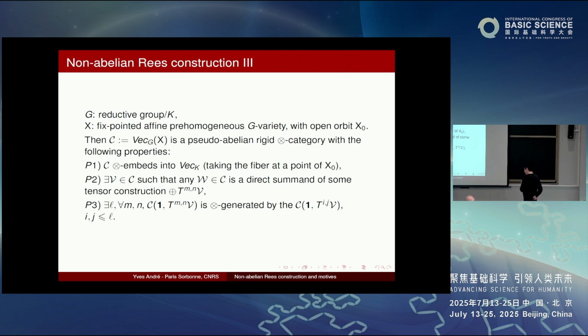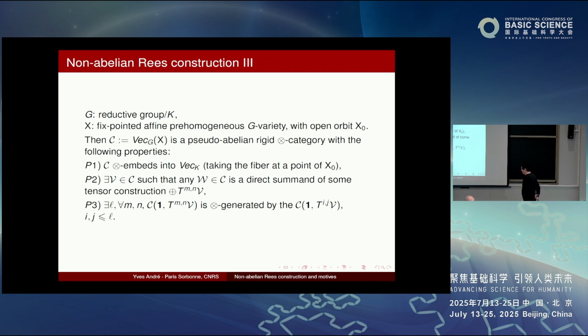P2 is that there exists a certain object V in C such that any other object is a direct summand in some tensor construction on this object V. So this is some kind of finiteness statement. And the third condition, P3, is also a finiteness condition.